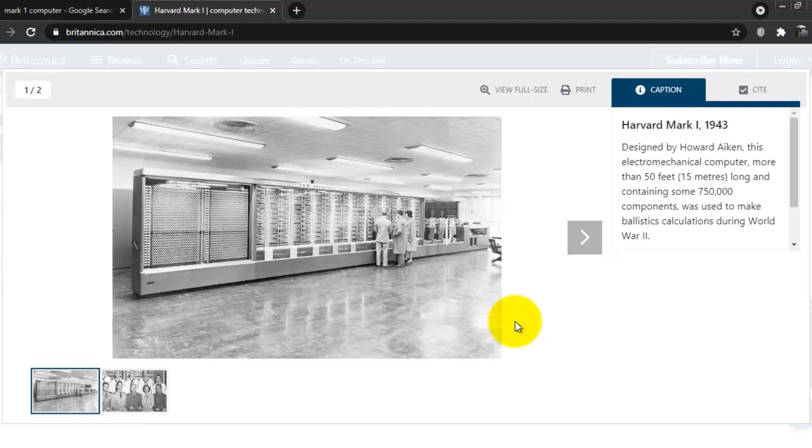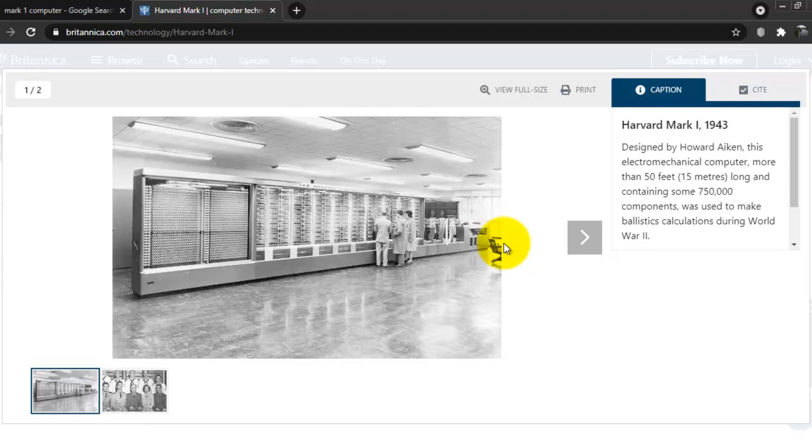So look here, this electromechanical computer is more than 15 meters long, and contains more than 750,000 components, small parts which make up this device. It was used for ballistic calculation during World War II.